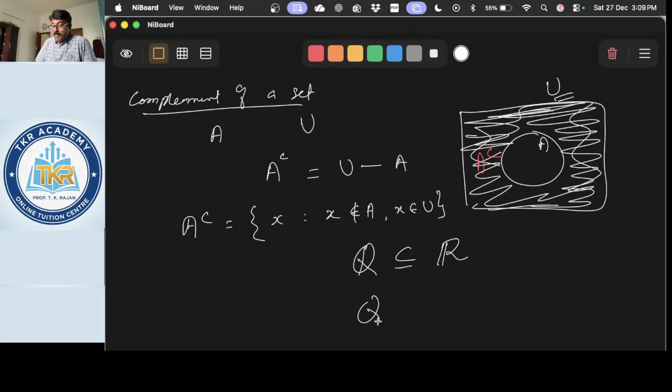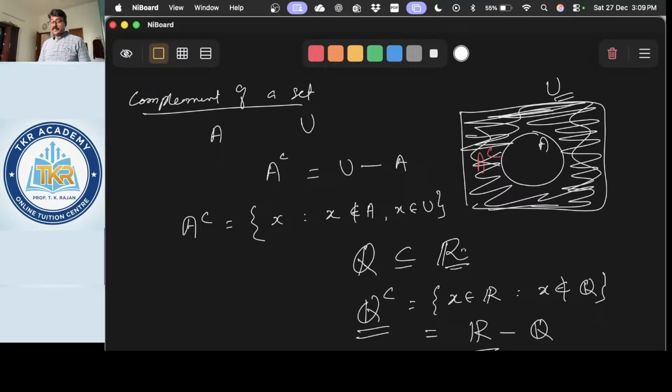So what is Q complement? Here R is the universal set. Q complement is those elements in R which are not in Q, or x in R but at the same time x not in Q. Not a rational. That is Q complement, or Q complement is R minus Q. R is the universal set in this case.